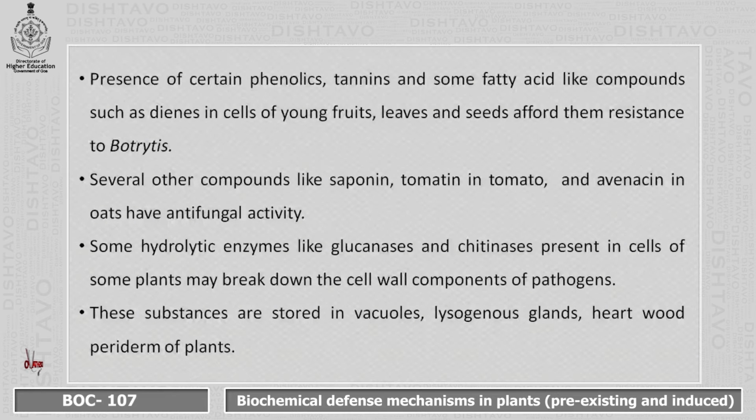Several other compounds like saponin, tomatin in tomato and avenacin in oats have antifungal activity. Some hydrolytic enzymes like glucanases and chitinases present in cells of some plants may break down the cell wall component of pathogens. These substances are stored in vacuoles, lysigenous glands and heartwood periderm of plants.